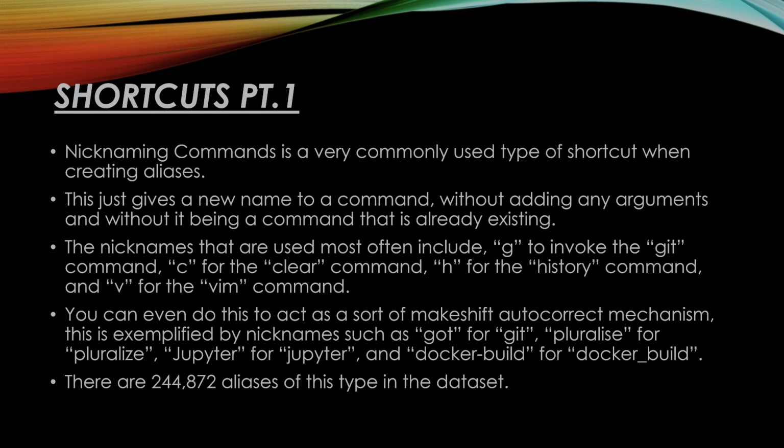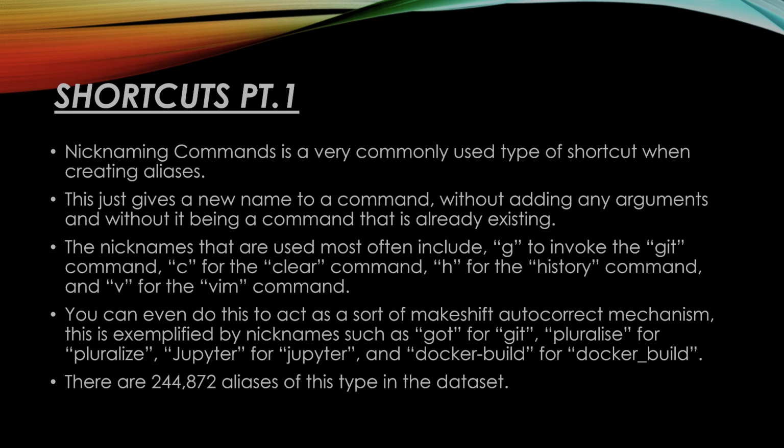Then we have shortcuts, nicknaming commands. It's a very commonly used type of shortcut when creating these aliases. It just gives a new name to a command without adding any arguments and without it being a command that's already existing. The nicknames that are used most often include G to invoke the git command, C for the clear command, H for the history command, and V for the vim command.